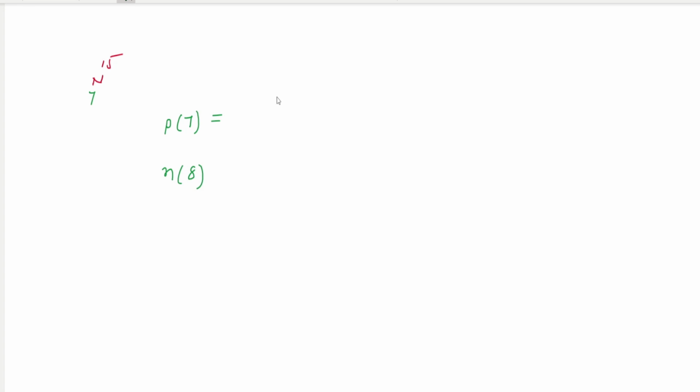Okay, so S 1 divided by 2 power 2, P 3 divided by 2 power 4, P 1 divided by 2. So let us come to the neutron.